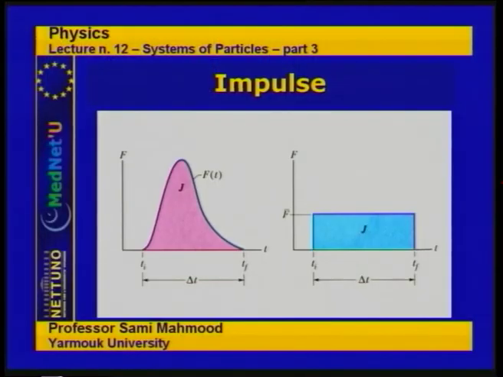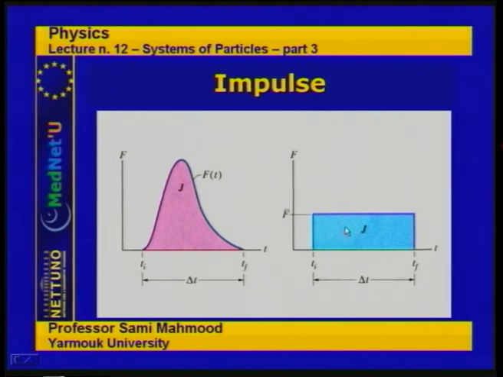And if we can find, between t initial and t final, a rectangle that has an area exactly equal to the area under the original curve, then we can say those two areas are the same.